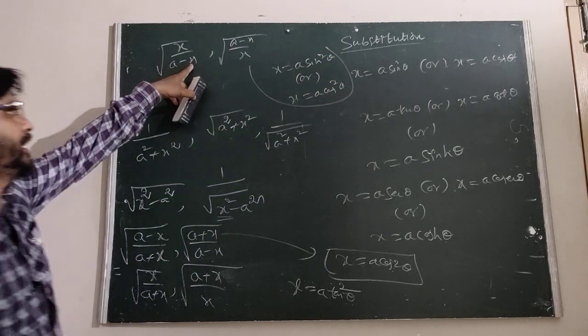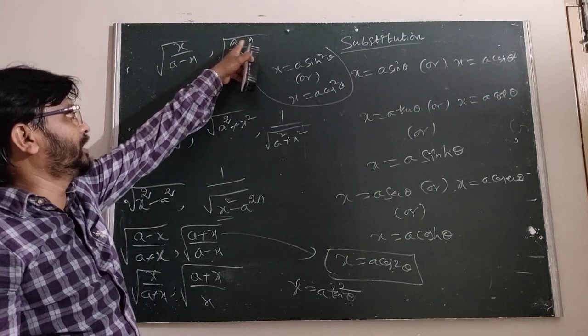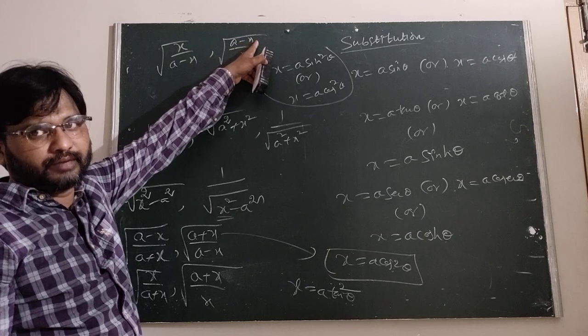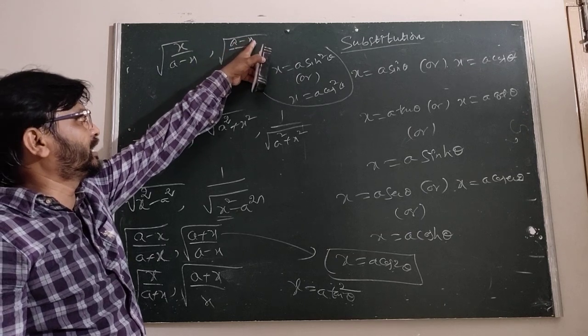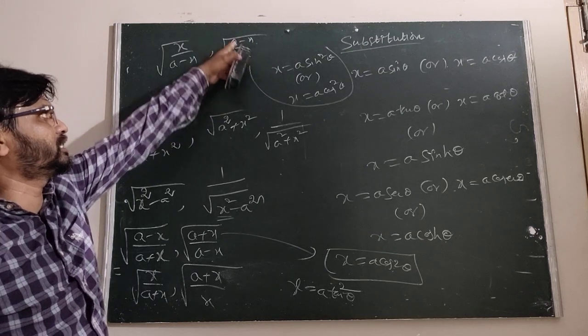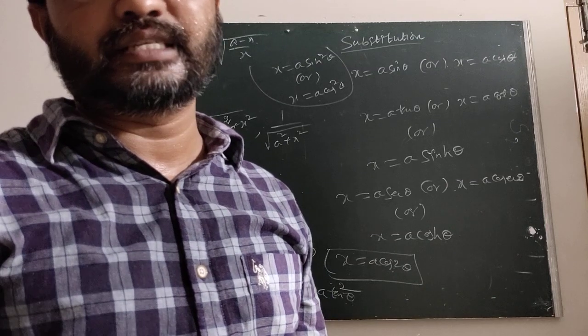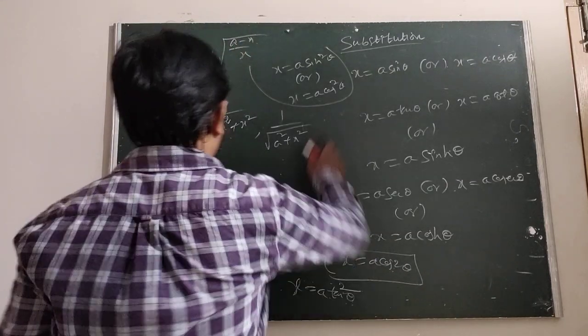If we take a sin square theta, a is common, 1 minus sin square theta is cos square theta. The denominator is a sin square theta. Cos square by sin square is cot square theta. The square root cancels. That is our suitable substitution.